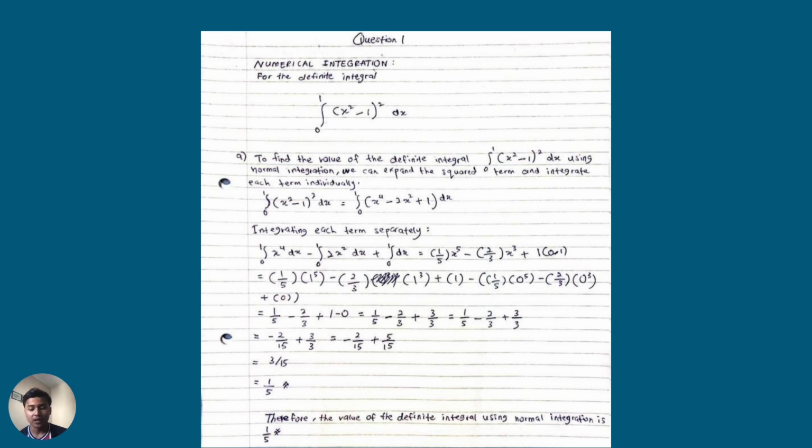Therefore the value of the definite integral using normal integration is 1/5.